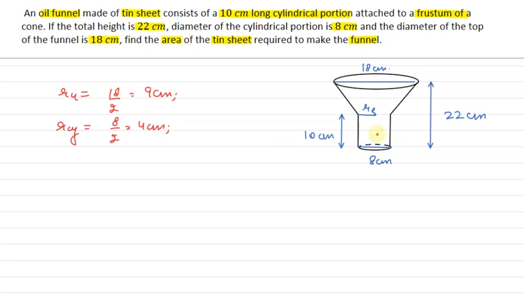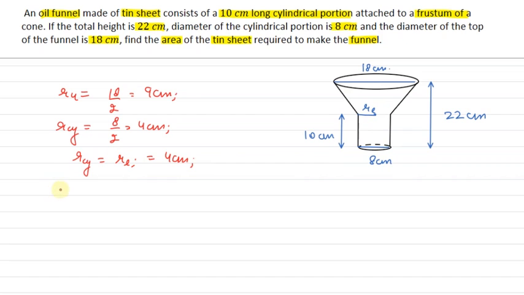Now as the cylinder is attached to this frustum, R lower for this frustum should be equal to R cylinder. So R cylinder is equal to R lower, which is equal to 4 centimeter. So you have found all three radii: R upper, R lower and R cylinder.